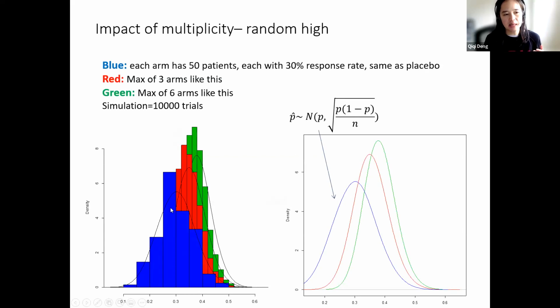One very intuitive simulation is that, for example, I have a placebo arm with 50 subjects, each with a 30% response rate. That's what the blue curve shows you in terms of the histogram. And then if I consider I have 3 different doses, the low dose is just the same as placebo, which is indicated by the blue color.